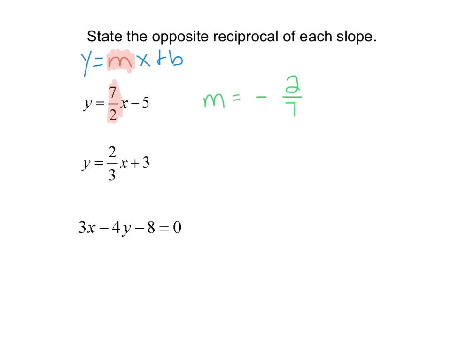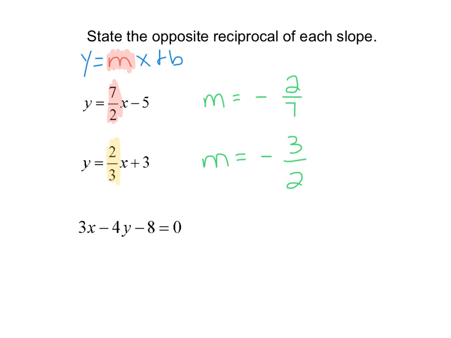The slope is, that's correct, 2 over 3. Now the opposite reciprocal would be, notice that 2 over 3 is positive, so negative, and the reciprocal would be 3 over 2.